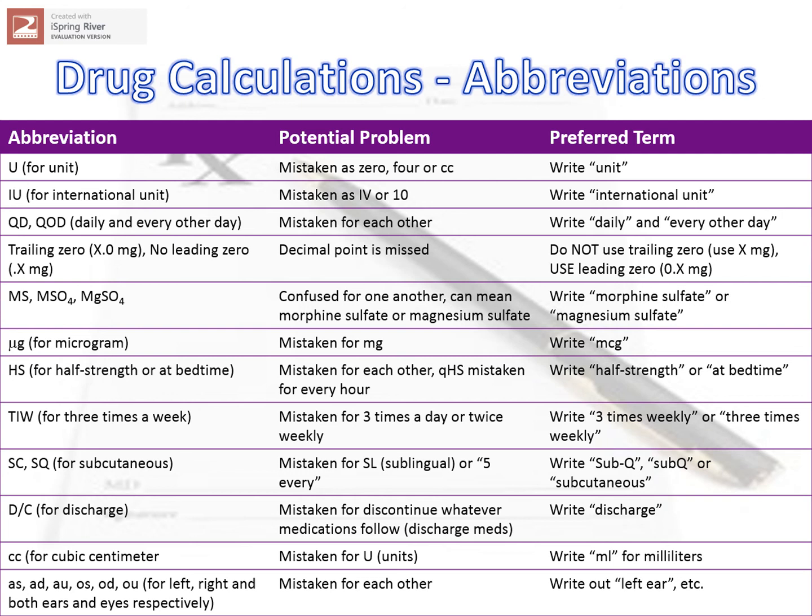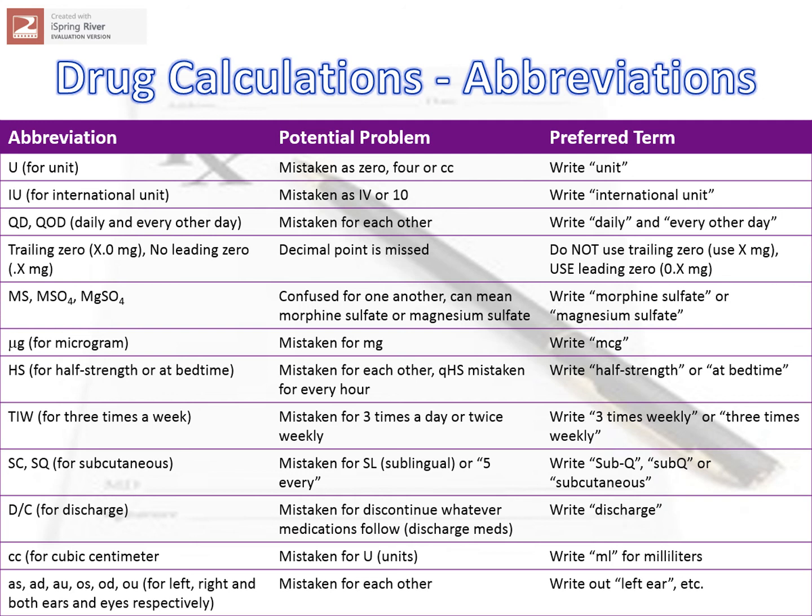The only ones that I will highlight real quick for you are: make sure that you do not use a trailing zero. That means after the decimal point, don't use zeros unless they're absolutely necessary. Do use a leading zero, that means before the decimal point, because that will make it more easily understood, and so that you don't miss that decimal point.